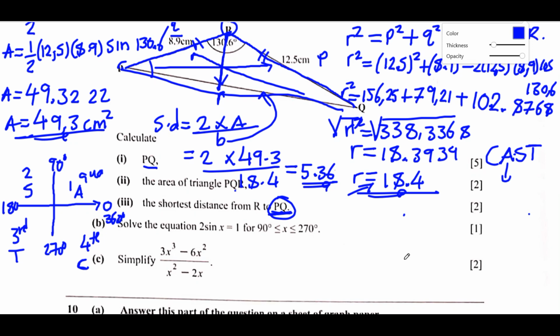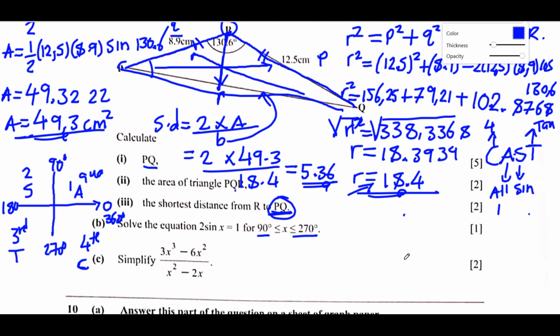So A, O are positive in the first quadrant. S, sine is positive in the second quadrant. T, tan is positive in the third quadrant. C, cos is positive in the fourth quadrant. Now, if you look at the range, we want the angle between 90 to 270.